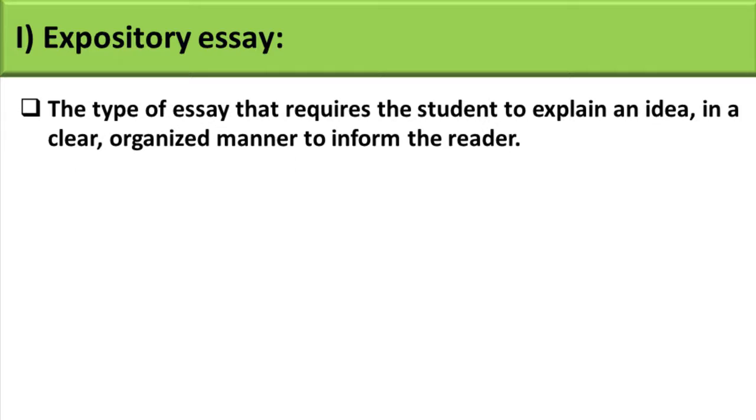An expository essay is the type of essay that requires students to explain an idea in a clear, organized manner to inform the reader. So this is a type of essay where you explain an issue or phenomenon like pollution, dropping out of school, child labor, and so on.